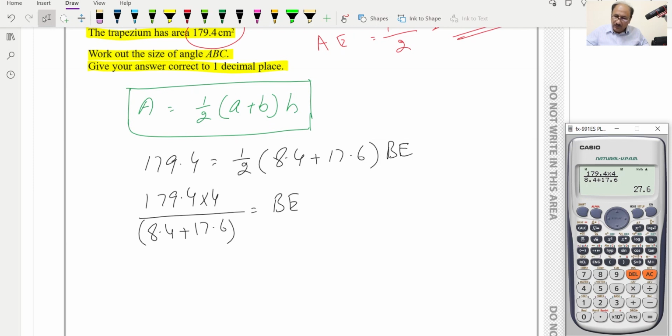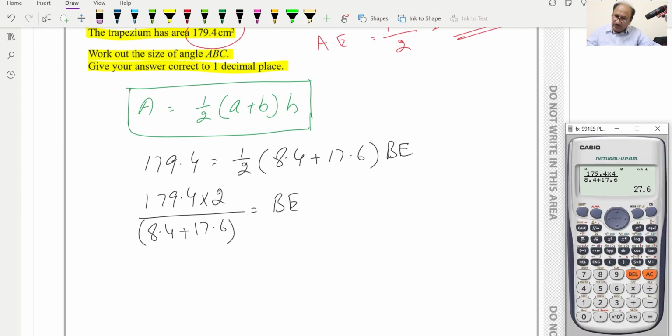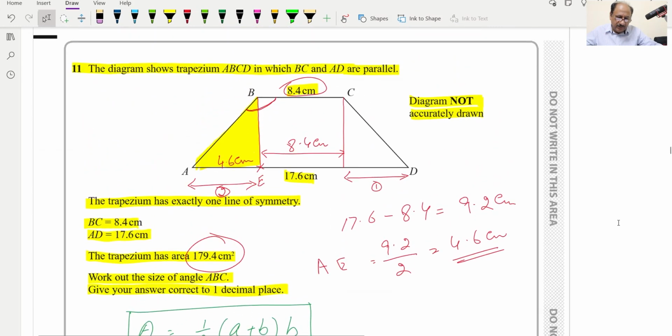Basically we have done some mistake. Yes, we have done some mistake. We have multiplied it by 4. Instead of 4, it should be 2 over here, and if we change this one to 2, we will get answer as 13.8. Yes, now BE will be equal to 13.8 centimeters, and now we got this height BE, which is 13.8 centimeters.